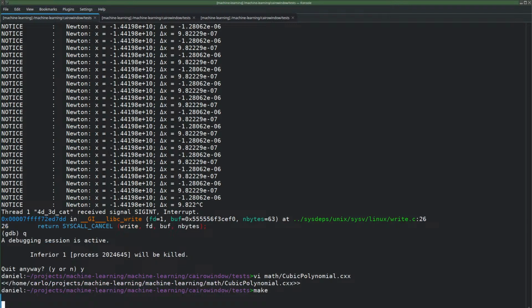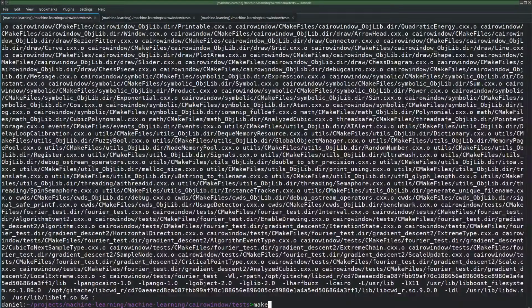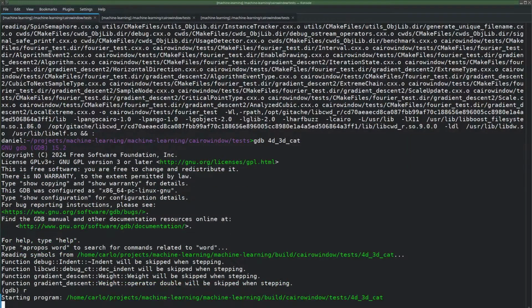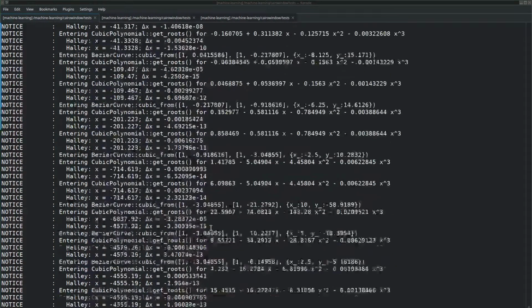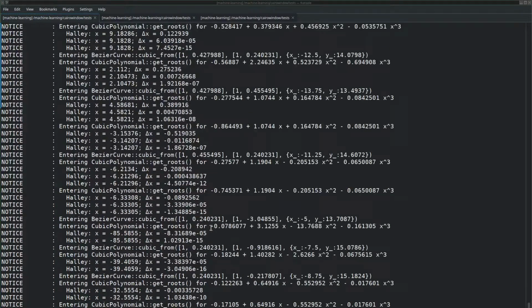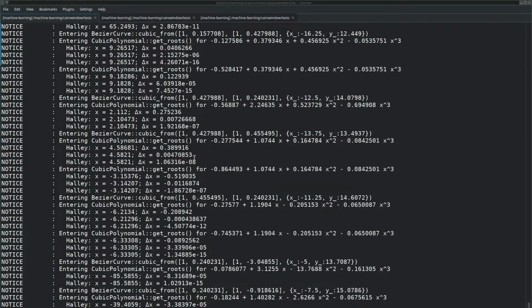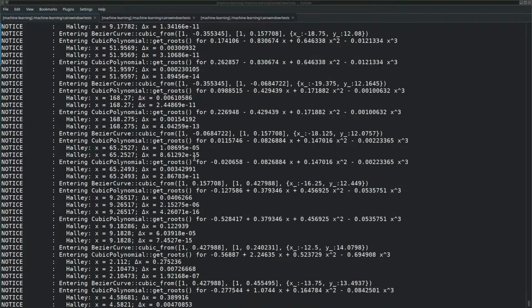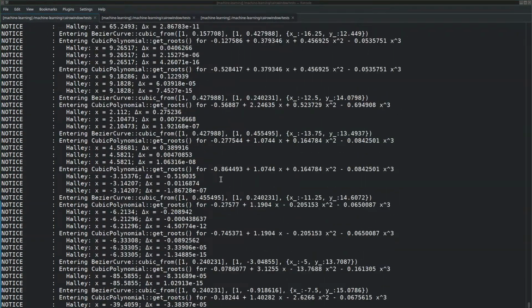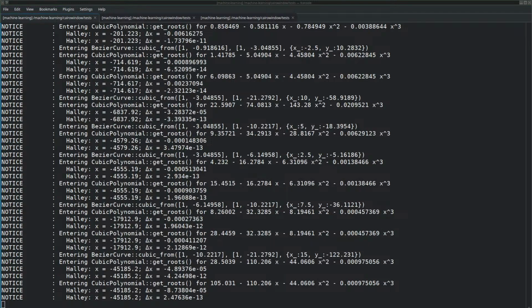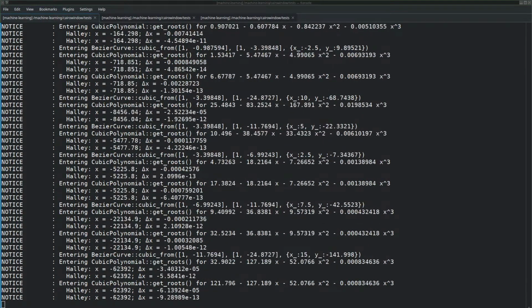Let's try Halley for, yeah, also 2 steps, of course. Now there is 3 steps here. So it is faster. And then let's see, we can make something that is slower.